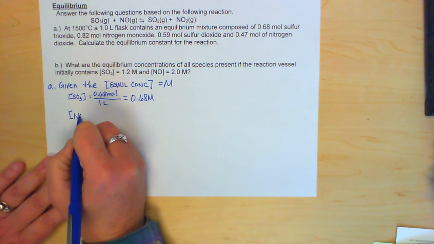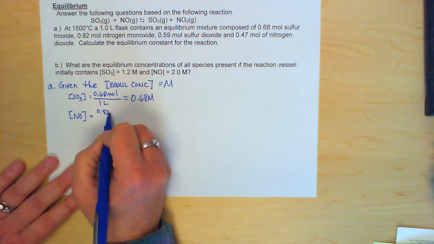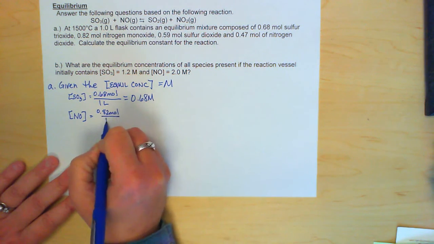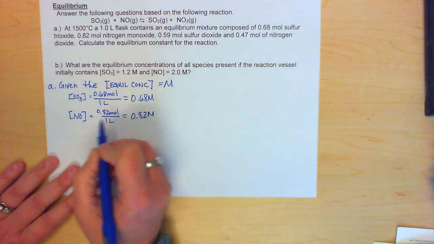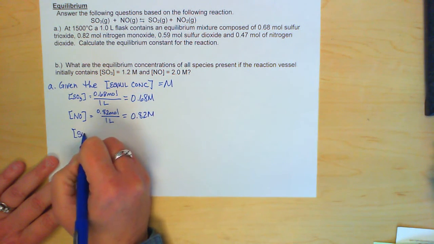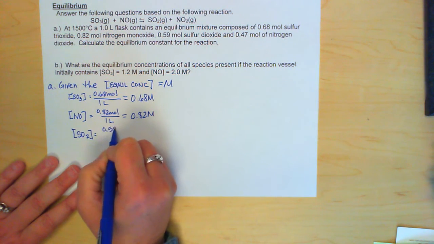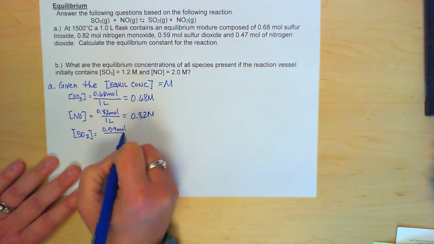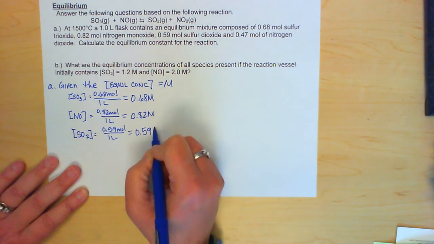The second one is nitrogen monoxide, which is 0.82 moles per 1 liter, which is 0.82 molar. Next is 0.59 moles of sulfur dioxide over 1 liter, which is 0.59 molar.